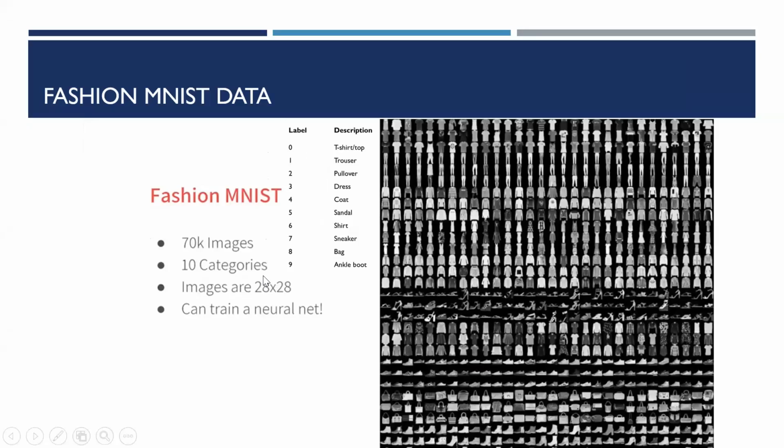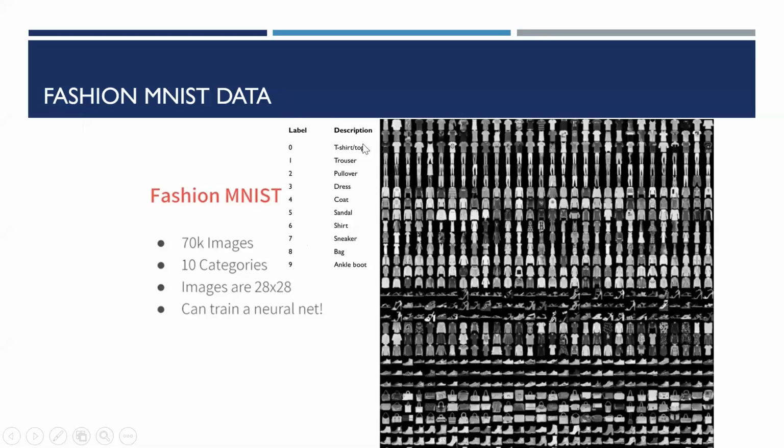We are going to train a neural network to do some computer vision or image classification task. Here you look at the classes: t-shirt, trouser, pullover, dress, coat, sandal, shirt, sneaker, bag, ankle boot. These are the 10 categories, 0 to 9, and each is labeled using a numerical number.